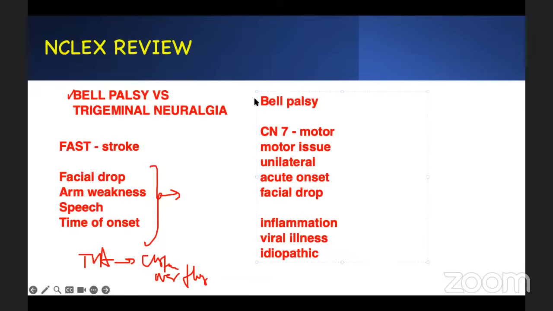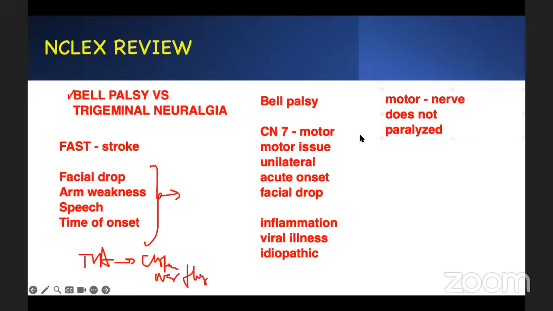That's what you're going to see. I told you it's a motor problem. So if the nerve is affected, it does not work, and therefore it becomes paralyzed. So you have cranial nerve 7 completely paralyzed. If it's paralyzed, then everything that it controls is going to be affected.